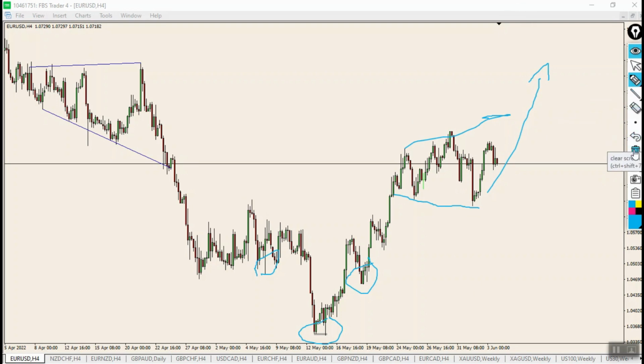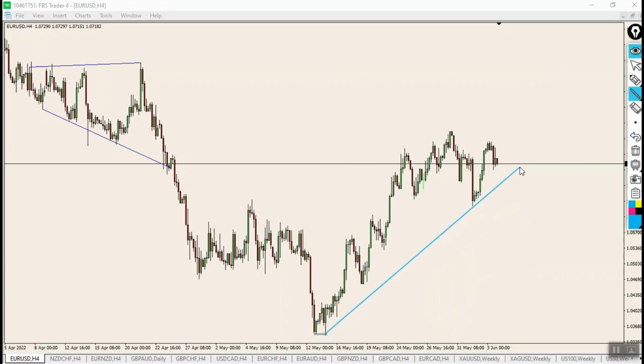this could be another scenario where now we are building a structure that goes something like this, right? A structure that goes something like this, where we are experiencing a rising wedge, right?